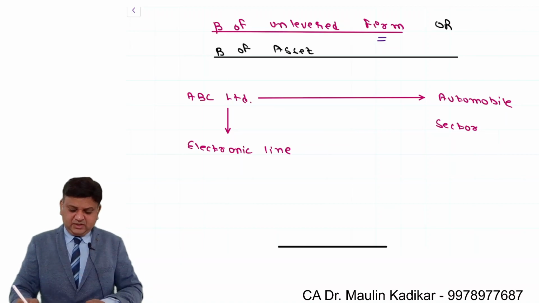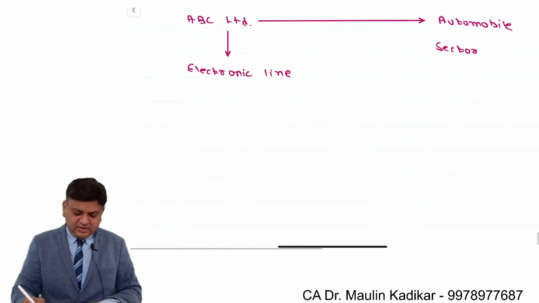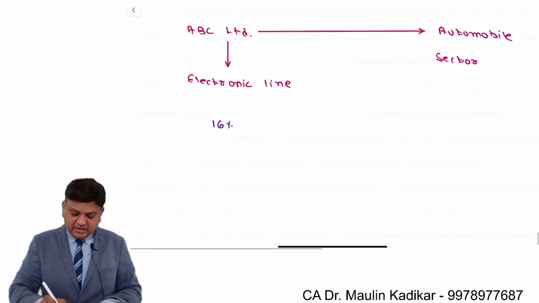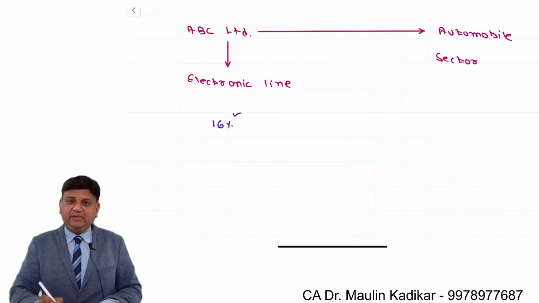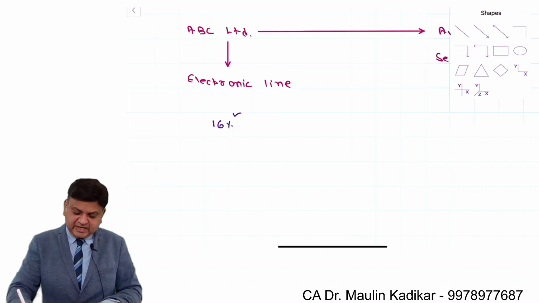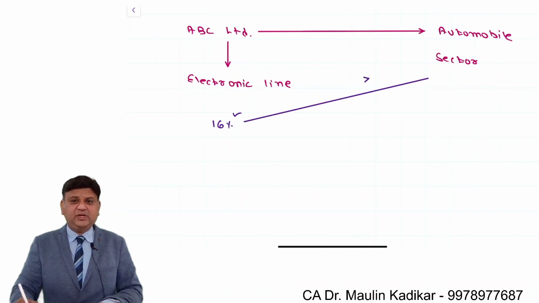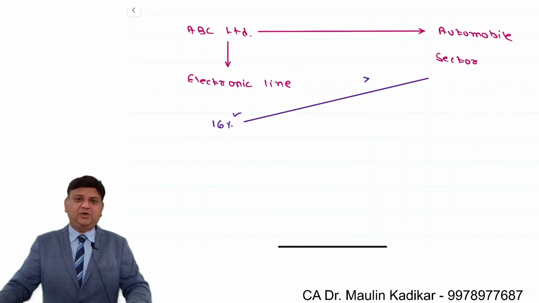I am just providing you a random value. Suppose ABC Limited currently has a required rate of return of 16% from the existing business. Can the same discounting rate be applied for discounting the cash flow series for the new line of business? What is your answer? Put your answer in the chat box.